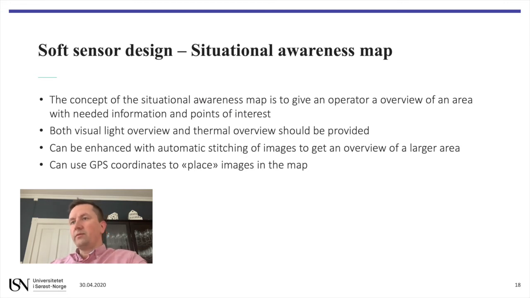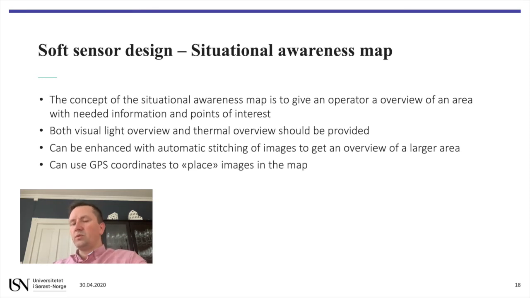We also thought of a concept of a situational awareness map that could be output to the operator, where the operator can get an overview of an area with needed information and points of interest in that image. And then the images should be both for visual light and thermal image overview.